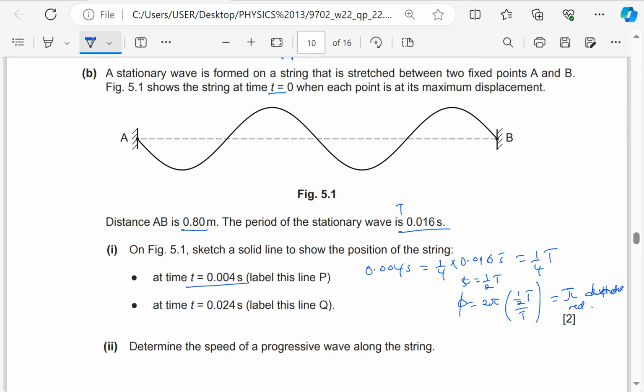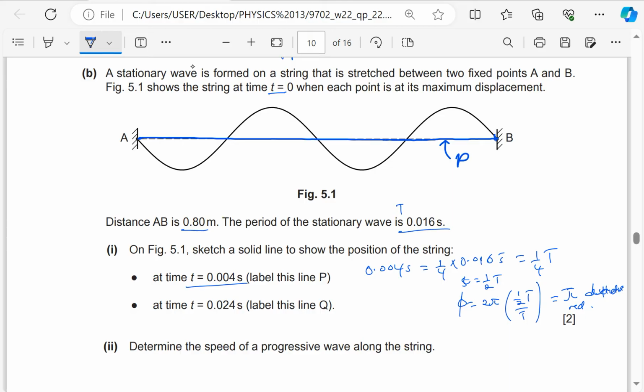So for this one, it is going to be a horizontal line. Okay, so they said label this line P.